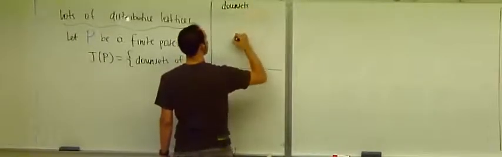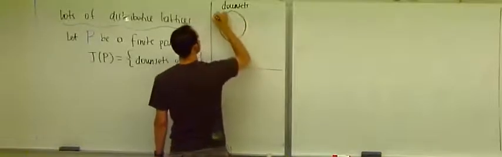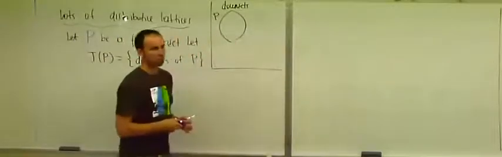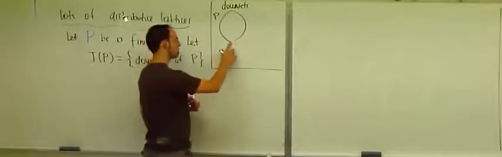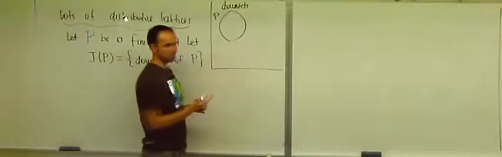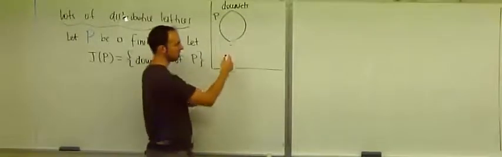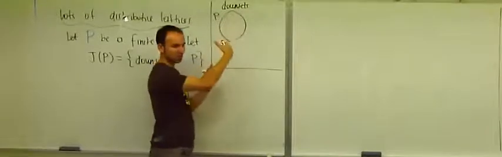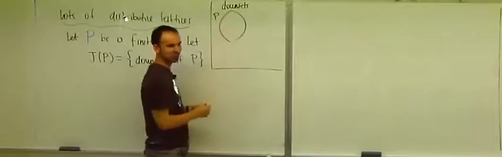So I have my poset P here. By the way, maybe now you will notice that whenever I draw posets, I draw them like this. You see then that my bias in combinatorics, most of the posets we study either are lattices or at least have a bottom and a top element. And that's why I keep drawing them like that. But posets don't have to look like this, but I keep doing that.